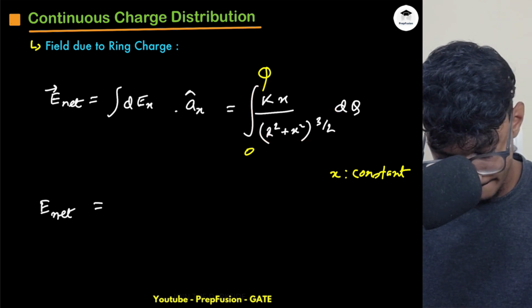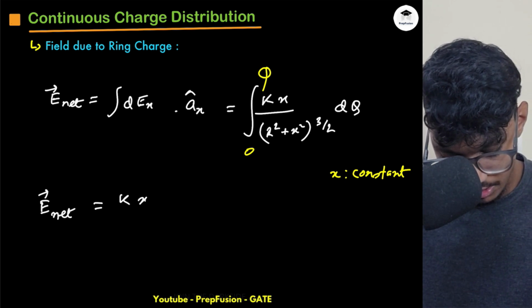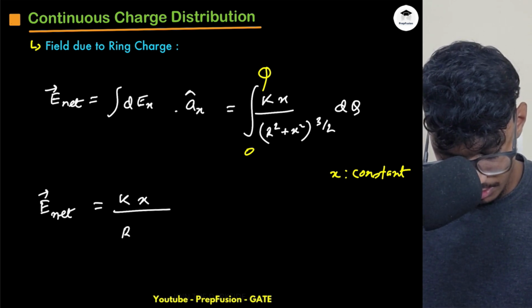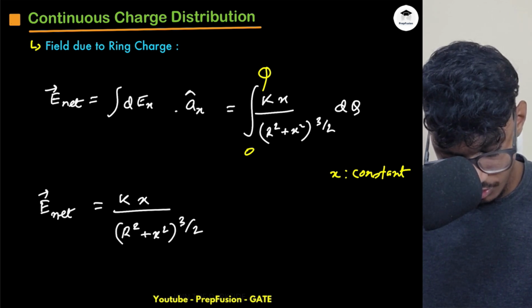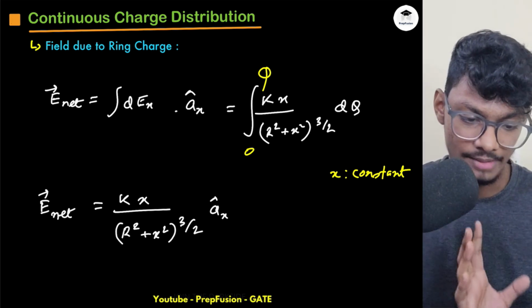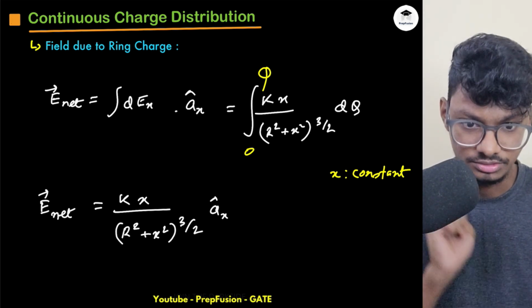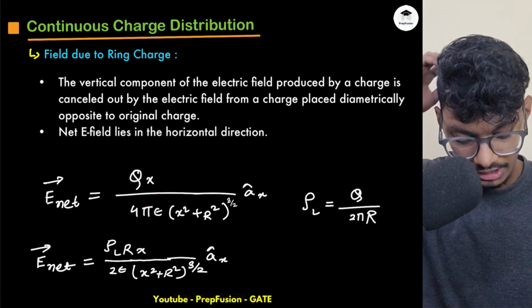E net is in the a_x direction, that is k Q x divided by r square plus x square to the power 3 by 2 into a_x cap. So I hope you understand what is happening over here. This is a very simple derivation. I have already written it over here.